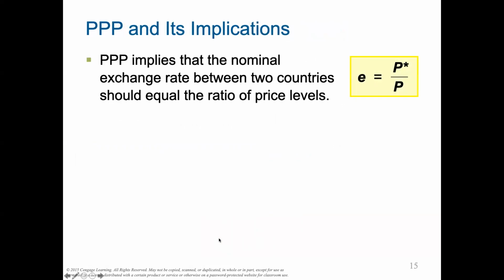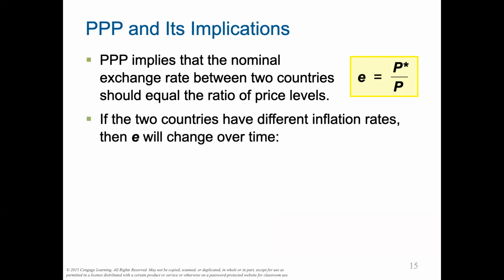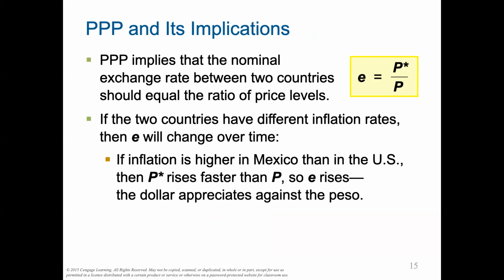It implies that the nominal exchange rates between countries should equate to the ratios of the price levels. So if countries are having different inflation rates, then E will change over time. And it allows us to start to understand why the ratio of price levels may not equal the exchange rate.